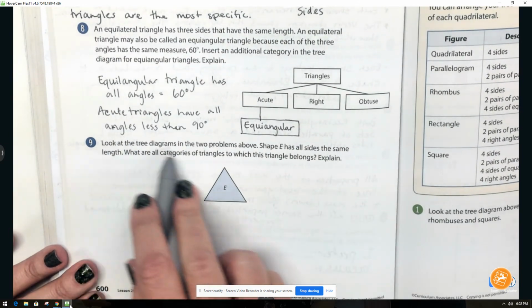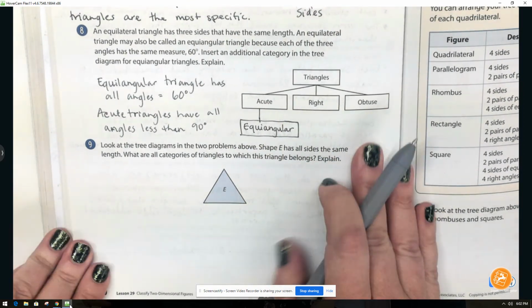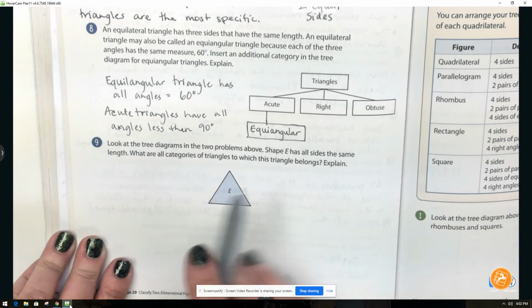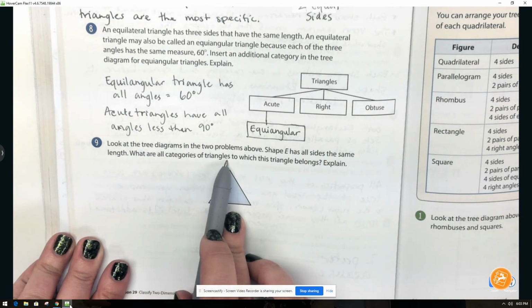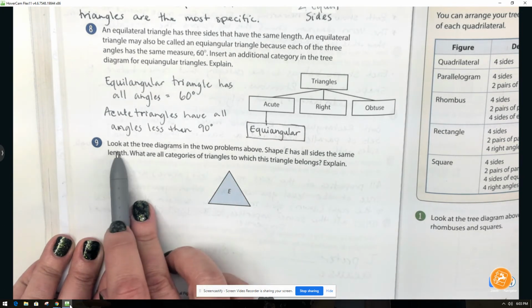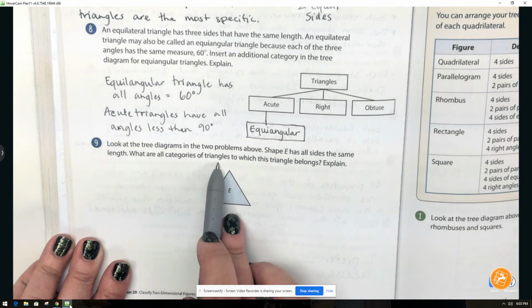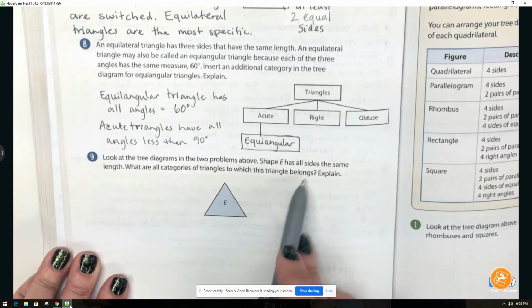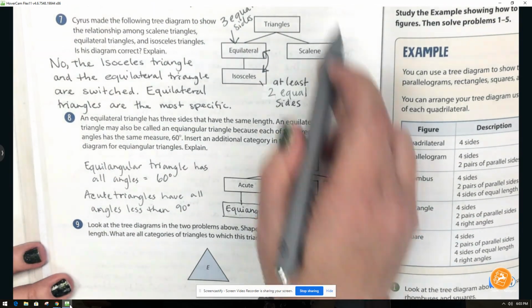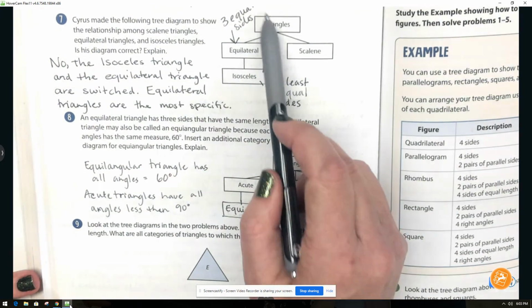So now if we're looking at the tree diagrams and the two problems above, so we're looking here and we're looking here, what are the categories of shape E, which has all sides of the same length? What are the categories of triangles to which this triangle belongs? So first of all, if we're looking at all of these words, okay, is it a triangle?